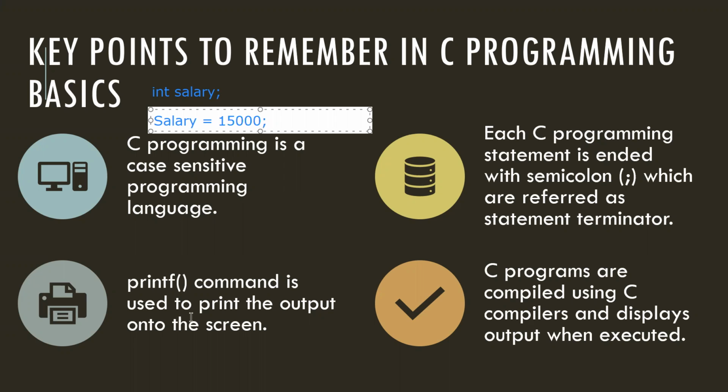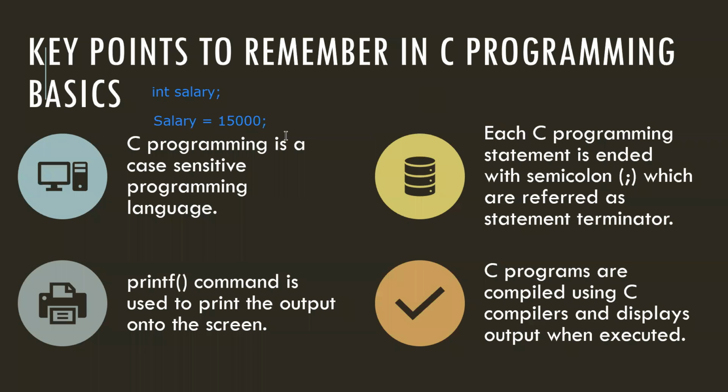So if I initialize salary to 15,000 pesos, when you say initialize, guys, you're giving the value of salary, so I assigned the value of 15,000, I will now have an error.